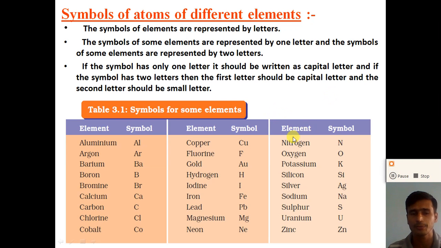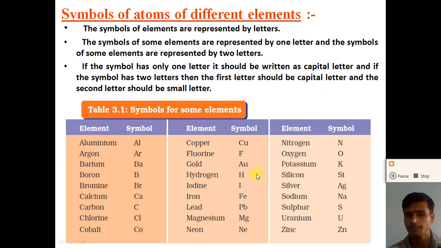According to IUPAC, the atoms of the different elements are represented by letters, right? The symbols of some elements are represented by one letter, and the symbols of some elements are represented by two letters. If the symbol has only one letter, it should be written as a capital letter.